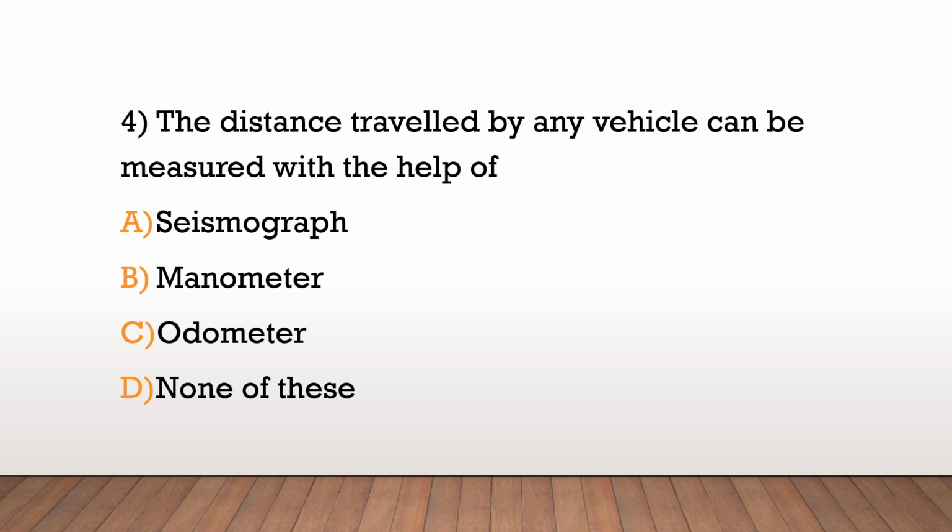So the distance traveled by any vehicle can be measured with the help of odometer. So the correct option is odometer. Seismograph is associated with earthquake. Manometer is to measure the pressure of gases. So odometer is the correct answer.